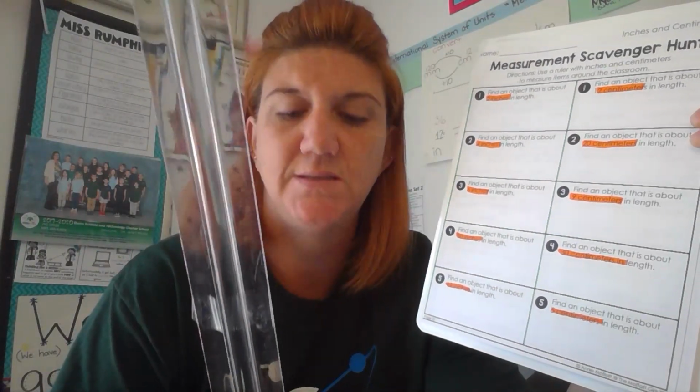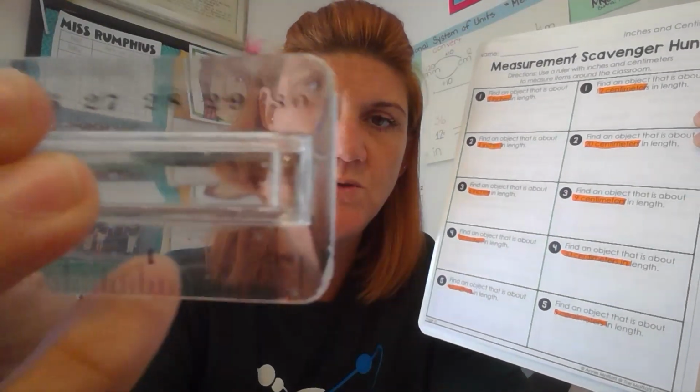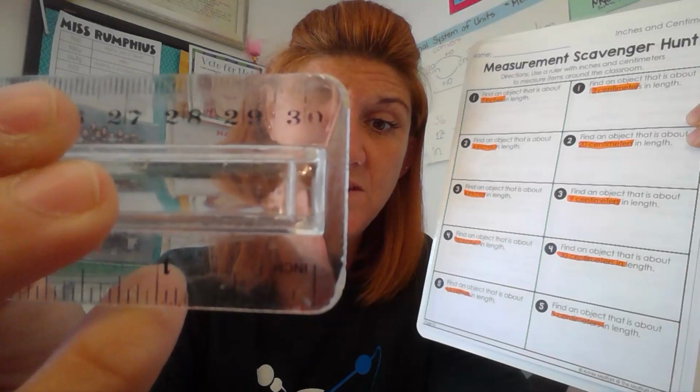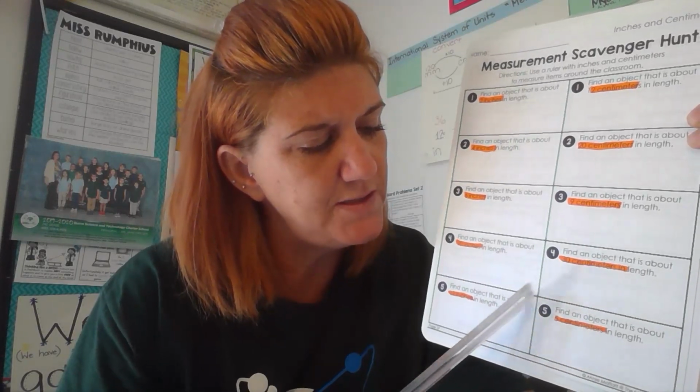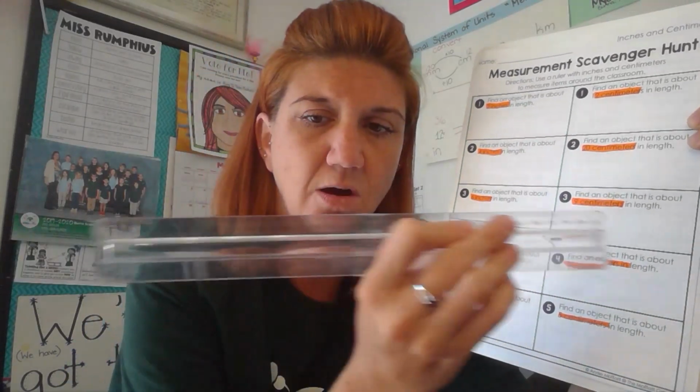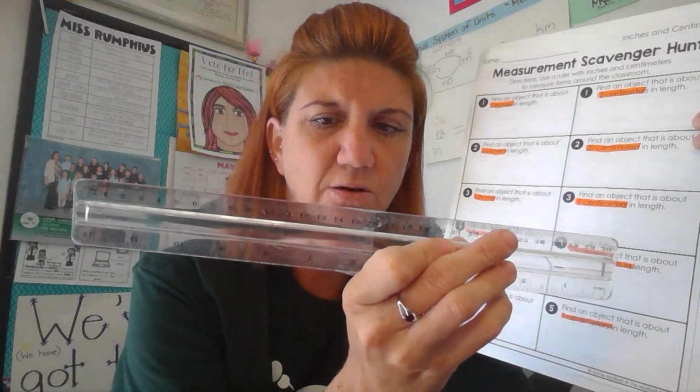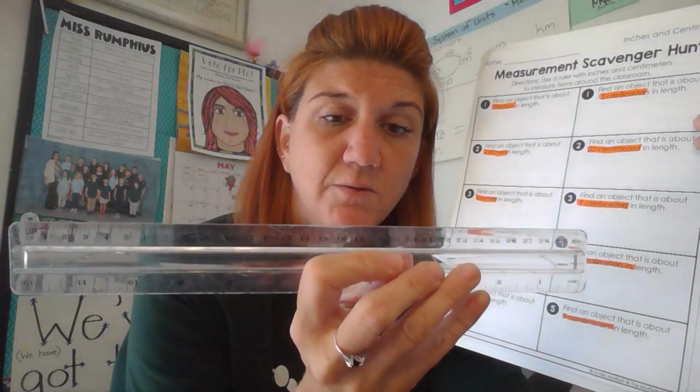So when I see this one that says 12 inches, I'm going to look for something that's the same size as this. But then I also notice, how long is that on the centimeter side? Number 4. Now we don't want to use the same item that is this long, but it makes it easy to look for things around my house if I know that I'm looking for ones that are the length of the ruler.